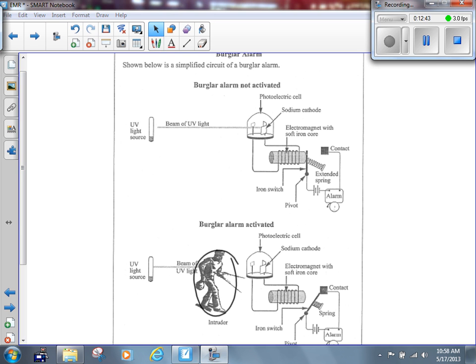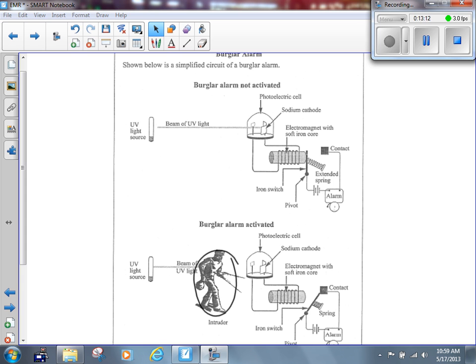Tell me, somebody, please, what's happening in the first picture there when the burglar alarm is not being activated. Can anybody explain one or more of the principles that are taking place here, Nick? Okay, so that breaks the circuit.